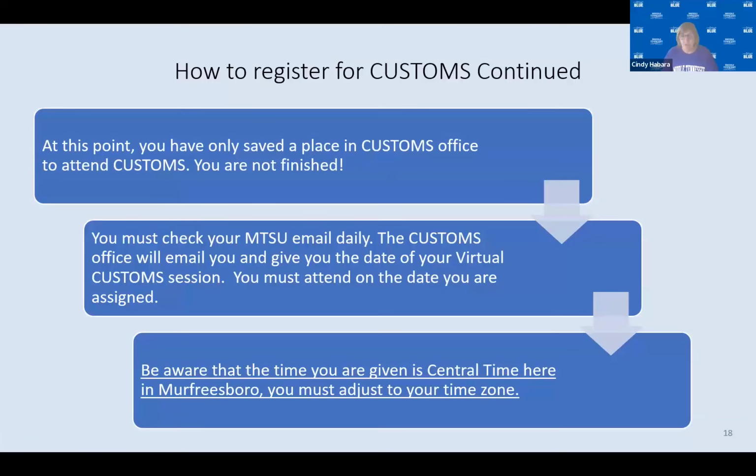They haven't responded to our office. So your advisor will be emailing me, asking me what's going on. The customs office is emailing me saying the student hasn't responded, and I will email you and say, you've got to respond. You have to answer these people because they are here to help you. So make sure that you're responding to them. And again, all of these appointments, all of these customs, the time zone here is Central Time in Murfreesboro, they are not set to your time zone.